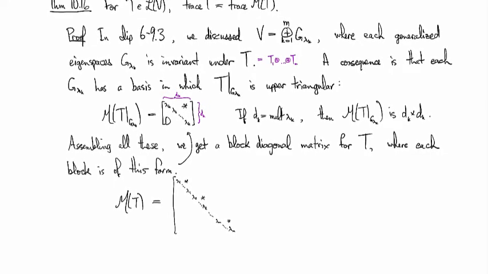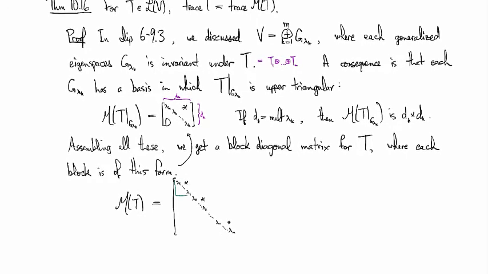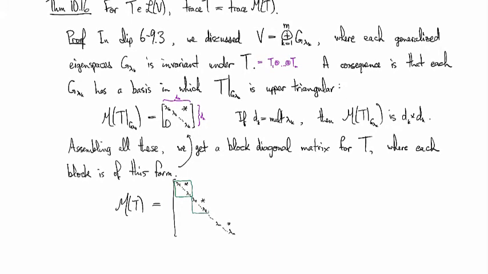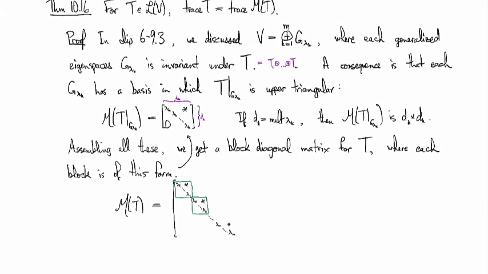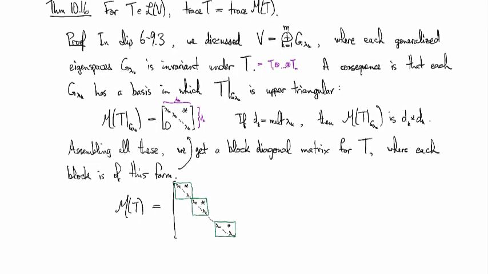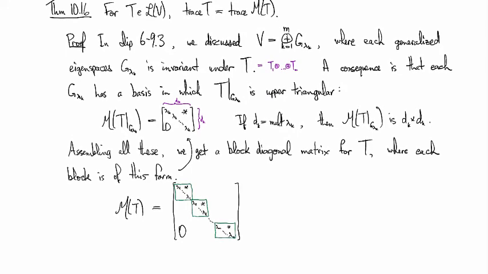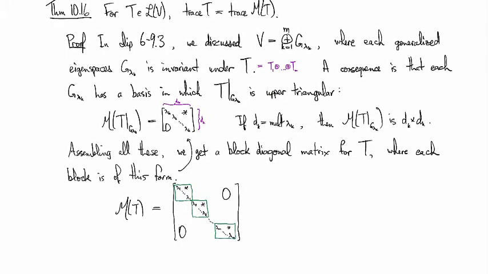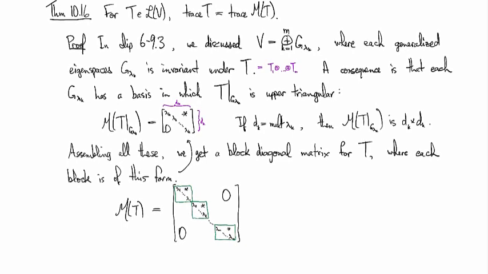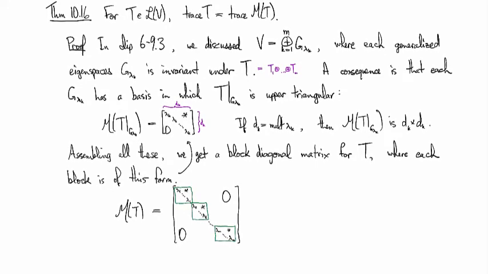And so there's these blocks, square matrices on the diagonal like this, and each one of these little green guys is an upper triangular matrix, and out in the hinterlands there's nothing but 0. And so this is what a block diagonal decomposition of an operator looks like.